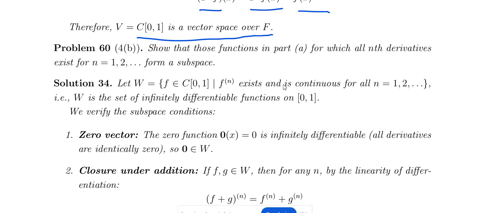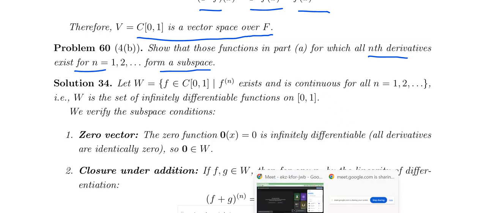And the collection of continuous functions on 0, 1 for which all the nth derivatives exist for n equal to 1, 2, 3 and so on, we have to say that they form a subspace. The nth derivative of the corresponding function, that collection of functions, forms a subspace.